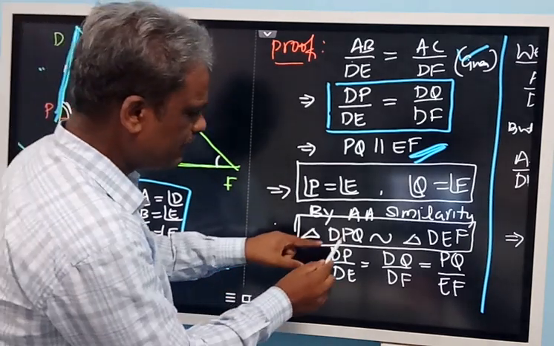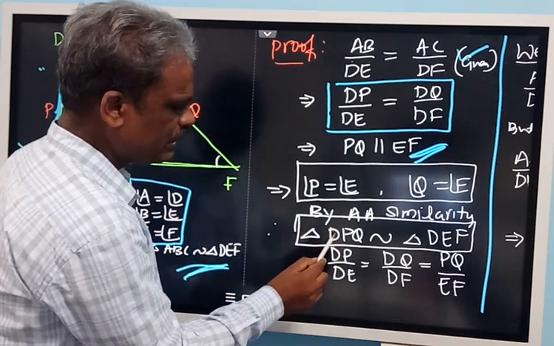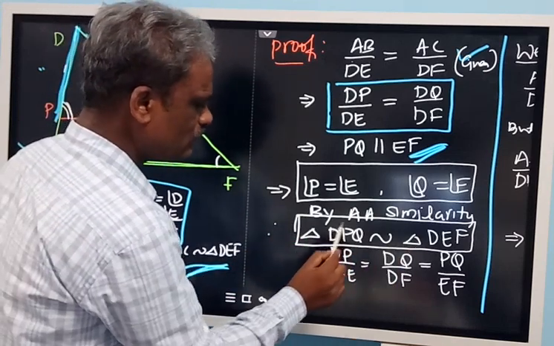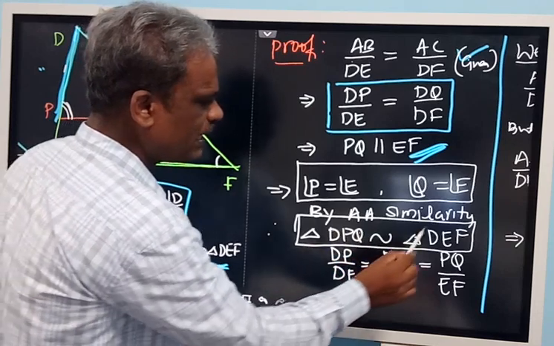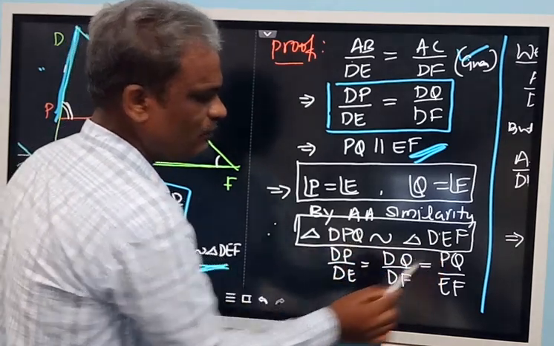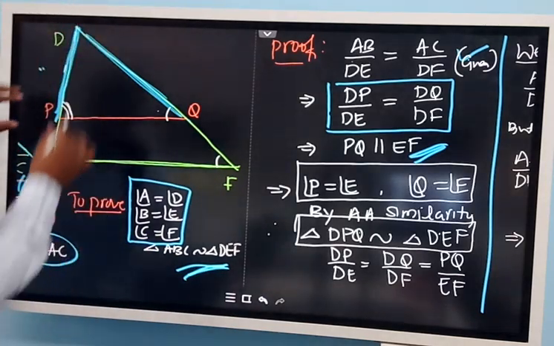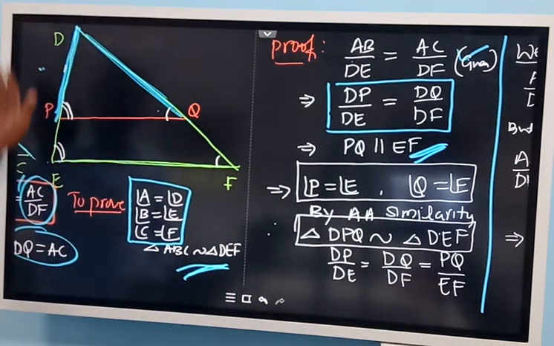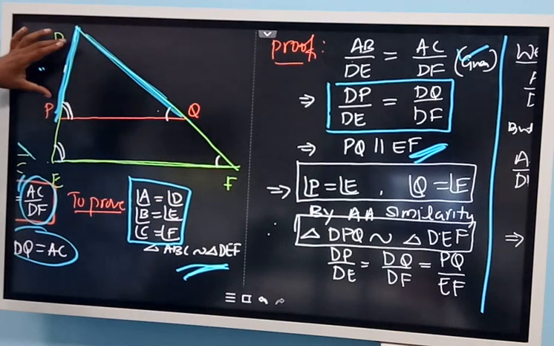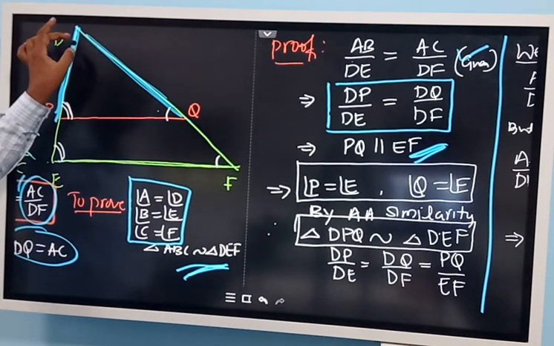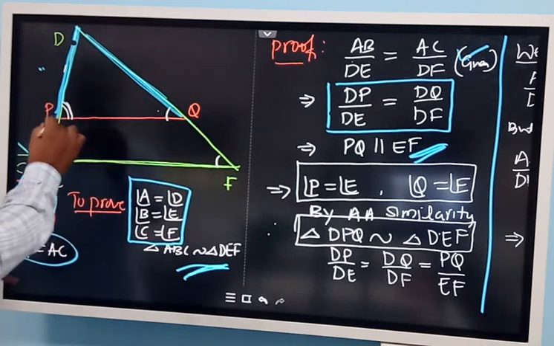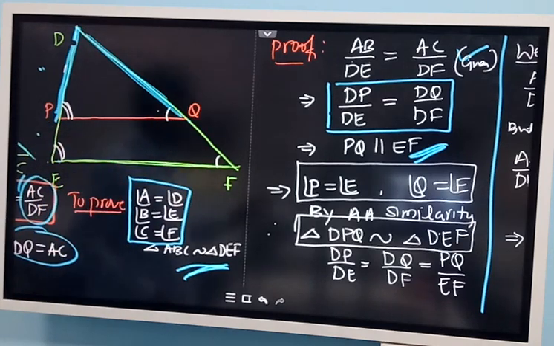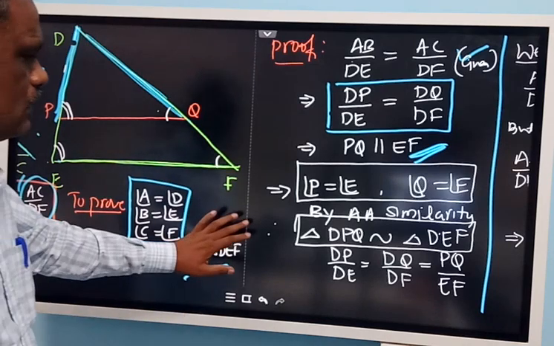So I can write DP by DE is equal to DQ by DF is equal to PQ by EF, corresponding sides. Can I write like this or not if they are similar? Yes, sir.